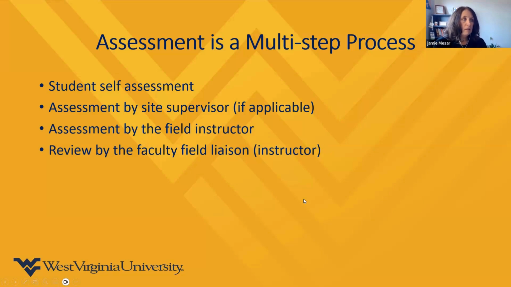The onus primarily falls on the field instructor, who is really going to be the one making the ultimate decision of that student's level of competency as a social worker, based on their expertise and knowledge of being a social worker and having that role of the field instructor. And then it will come to the faculty field liaison or the instructor of the class for review and determination on where that student is really falling in regards to their competency.